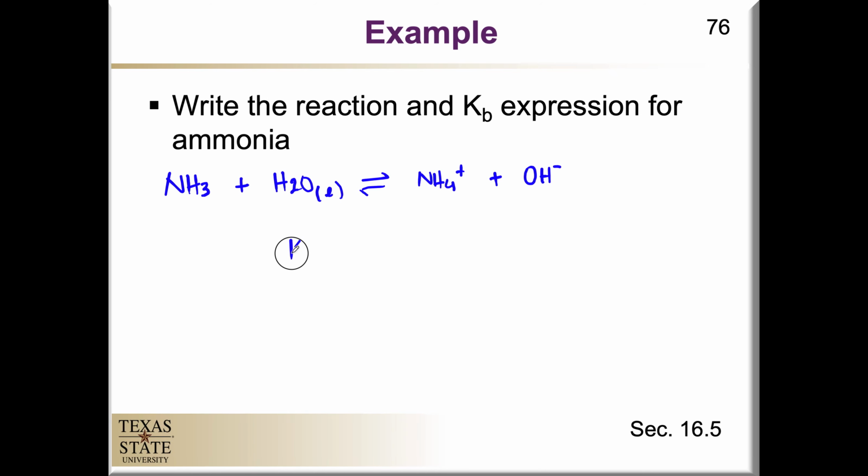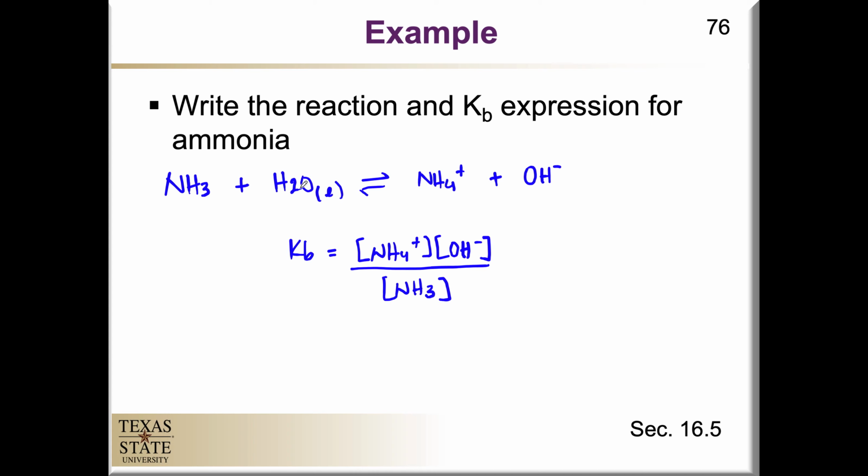From there, now we can write our Kb expression, which is going to be equal to our products, NH4+ times the hydroxide ion concentration, divided by the concentration of ammonia, NH3, and that's it, because we omit the water.